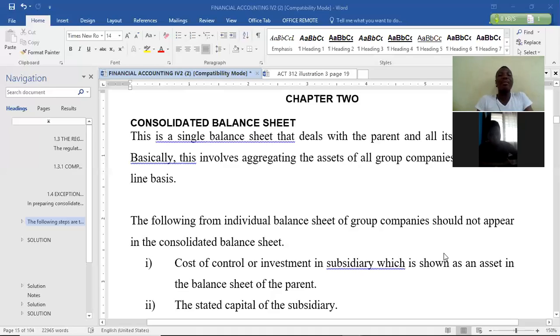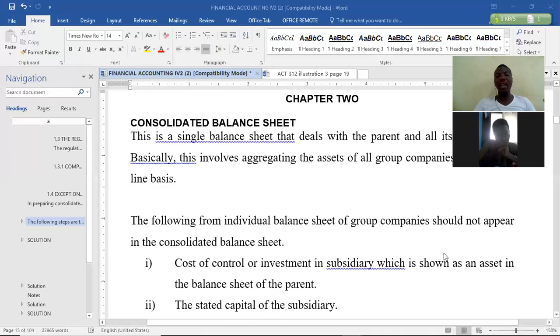And that balance sheet is now called the group balance sheet. I told you that in a group, we have the mother or the parent and the subsidiary. So at the end of the day, when you are bringing the subsidiary's balance sheet and the parent's balance sheet together, you can now call it the group balance sheet. Do you get me?